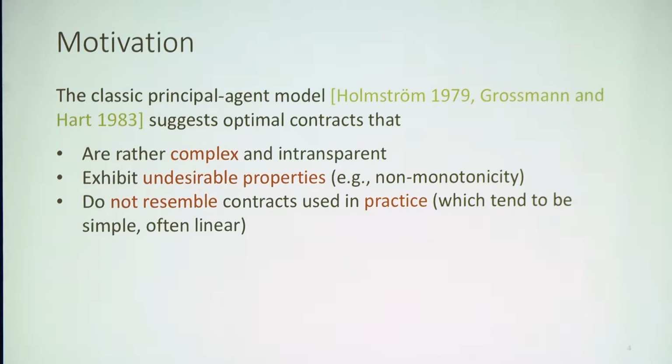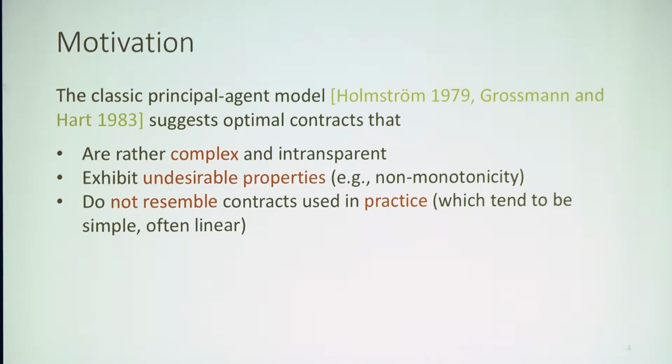They're solutions to LPs, and they exhibit undesirable properties such as non-monotonicity unless we impose really strong and not really realistic assumptions. And I think maybe most importantly, they don't look at all like contracts that we see in practice.